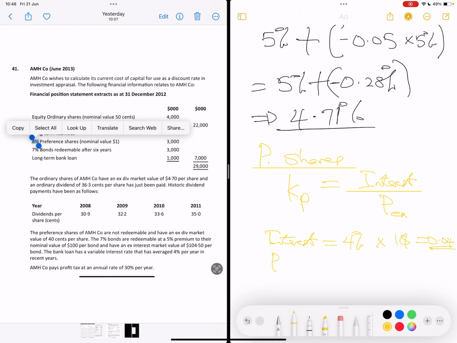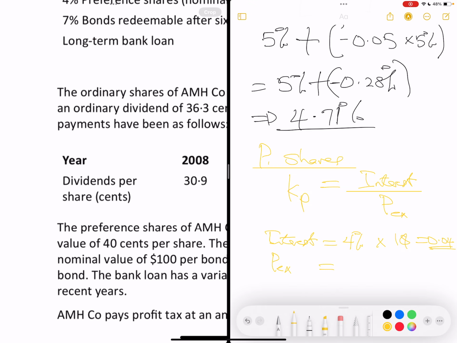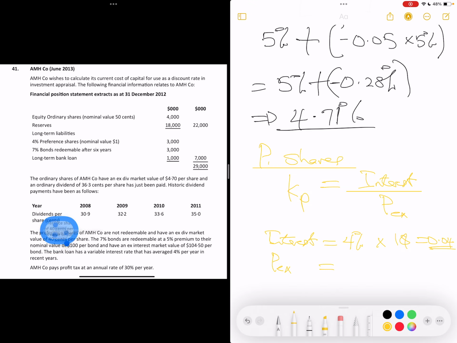What is the ex-interest price? We're given the ex-dividend market price of 40 cents. So we're given 40 cents, and 40 cents is $0.4.